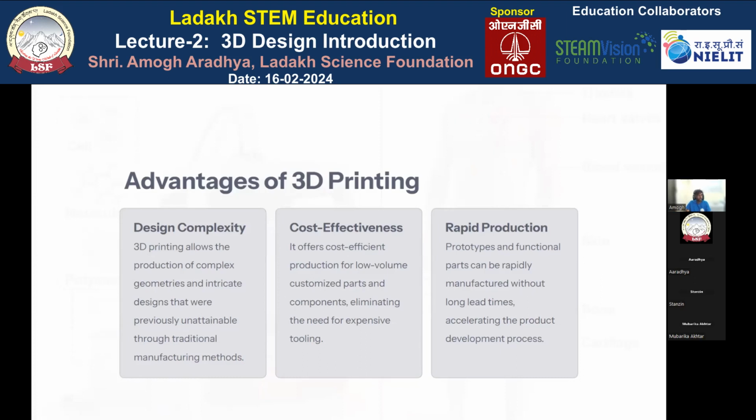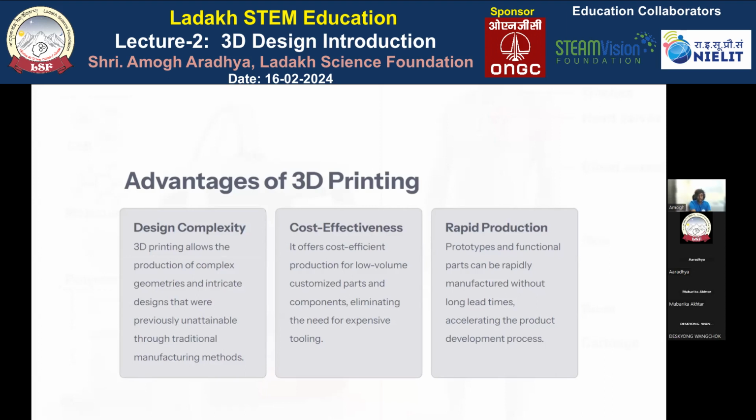The other advantage is cost effectiveness. 3D printed parts are super cheap because they're made of plastic. FDM 3D printed parts like these will cost around 5 to 6 rupees, including electricity charges.